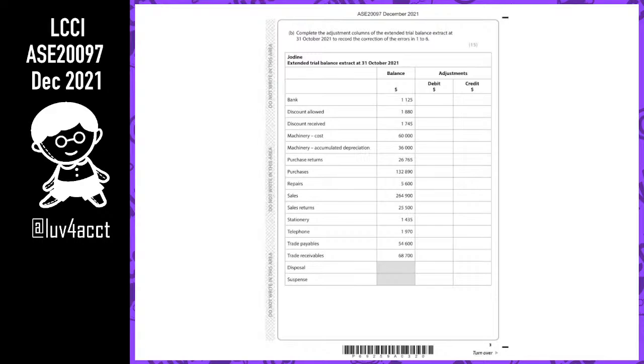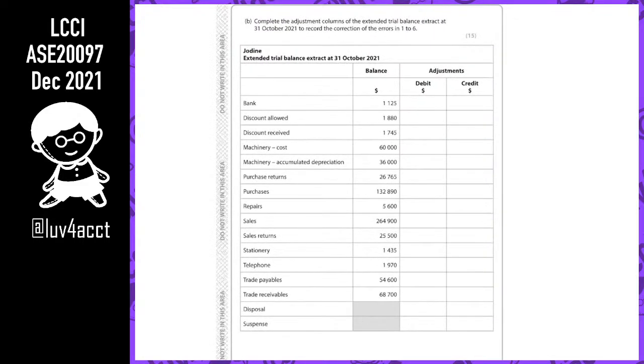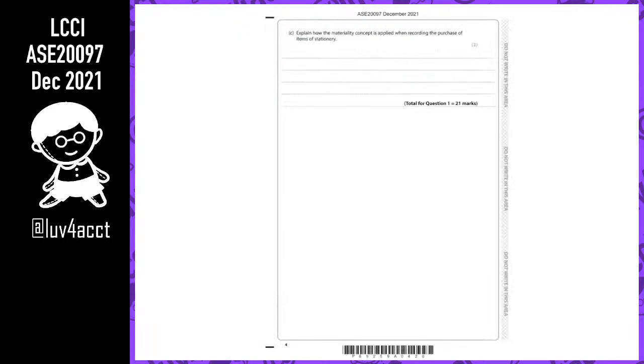You can see 15 marks here for filling in those items, and you are only asked to work on the adjustment columns, not even SOPL that we have been dealing with last time. So 15 marks here. Okay, and then explain something about materiality concept. Okay, good.